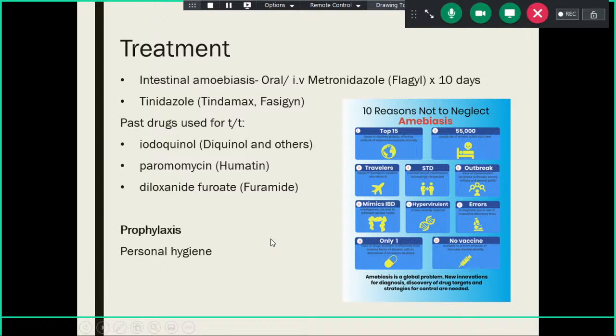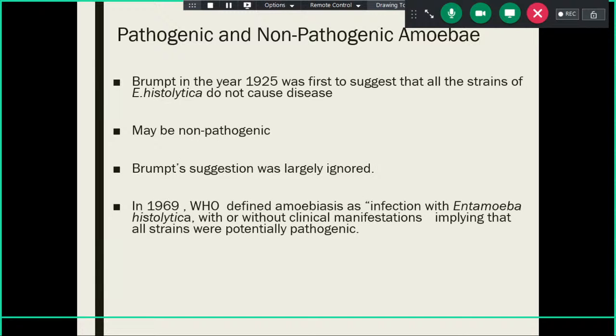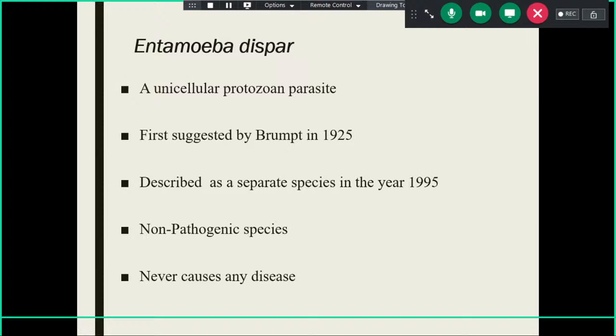Personal hygiene. Okay, now coming to non-pathogenic amoeba. Now non-pathogenic amoeba, the concept was first given by Brumpt in 1925. Then the first and foremost thing that comes here is Entamoeba dispar.